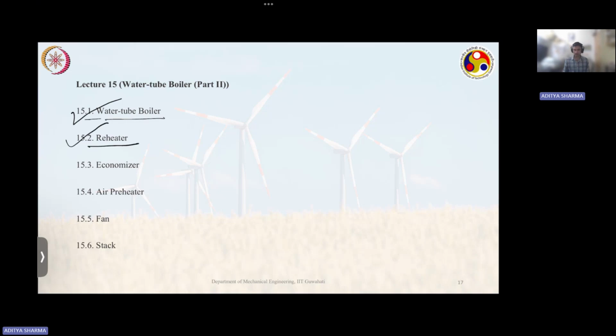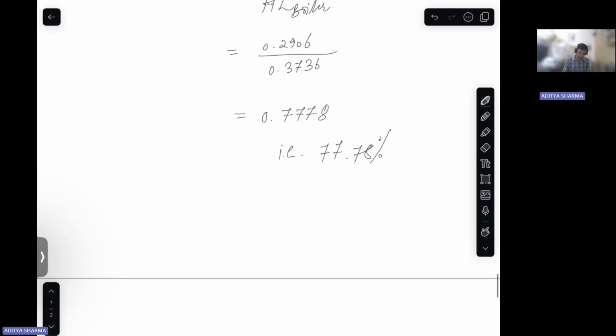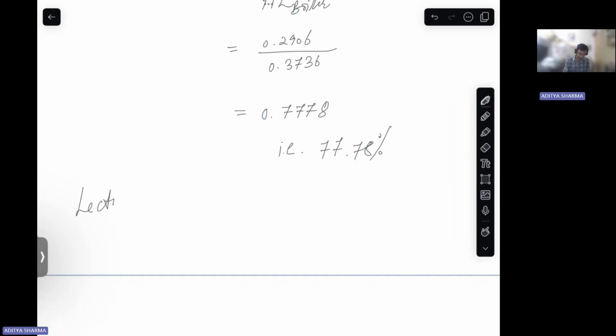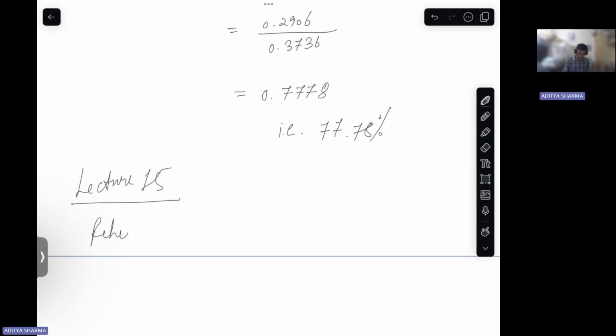So your reheaters are somewhat similar to your superheaters, right? Here also the major heat transfer mode is convection.